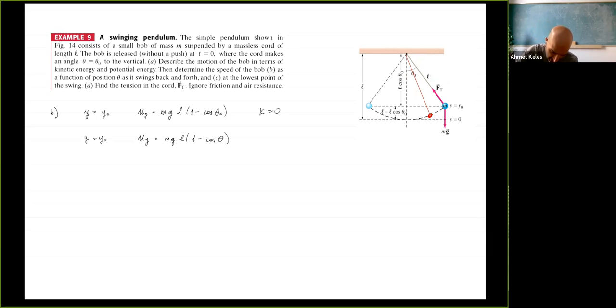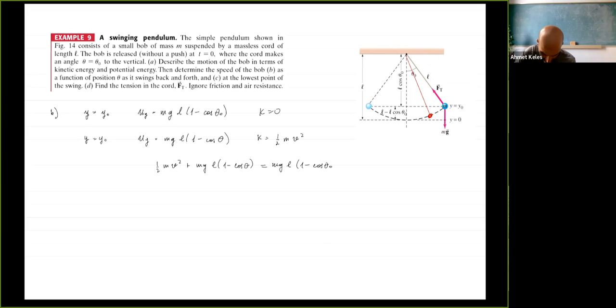And kinetic energy is going to be equal to 1/2 mv squared. If the energy is conserved, these two sums should be equal. Then 1/2 mv squared plus mgL(1 minus cosine theta) should be equal to mgL(1 minus cosine theta naught).